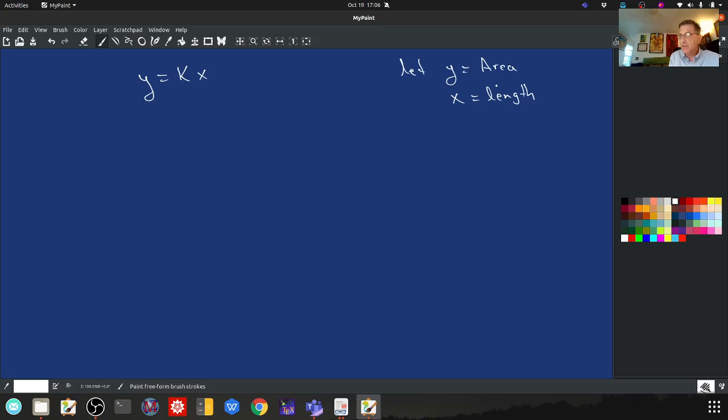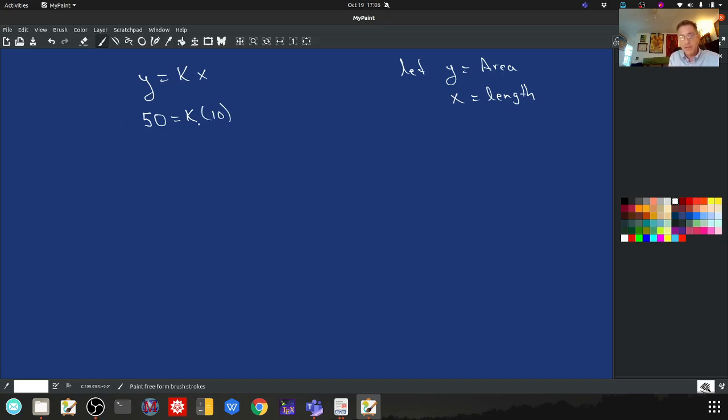Then we're given that from the formula, the area is 50 meters squared when the length is 10. Is that what it is? Yes. Find the area when the length is 25.